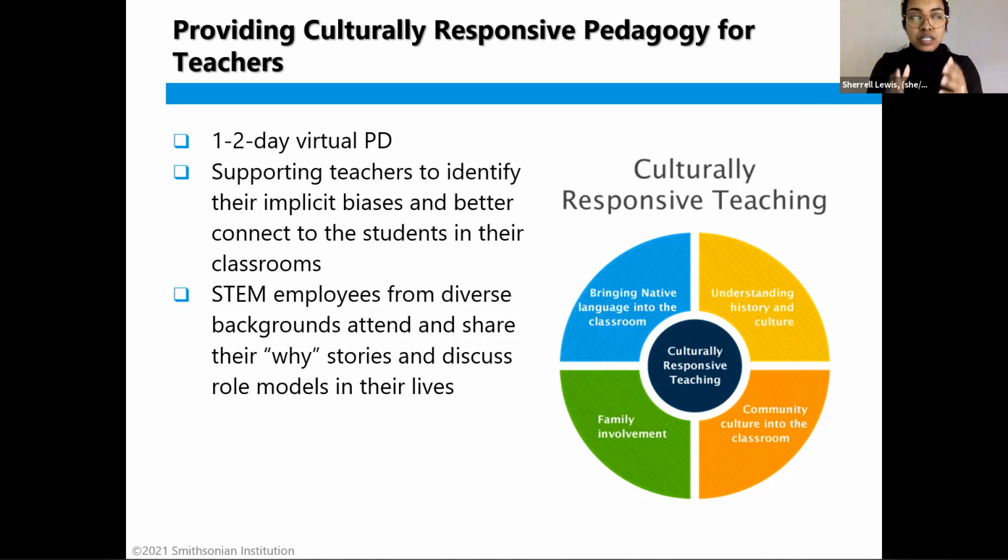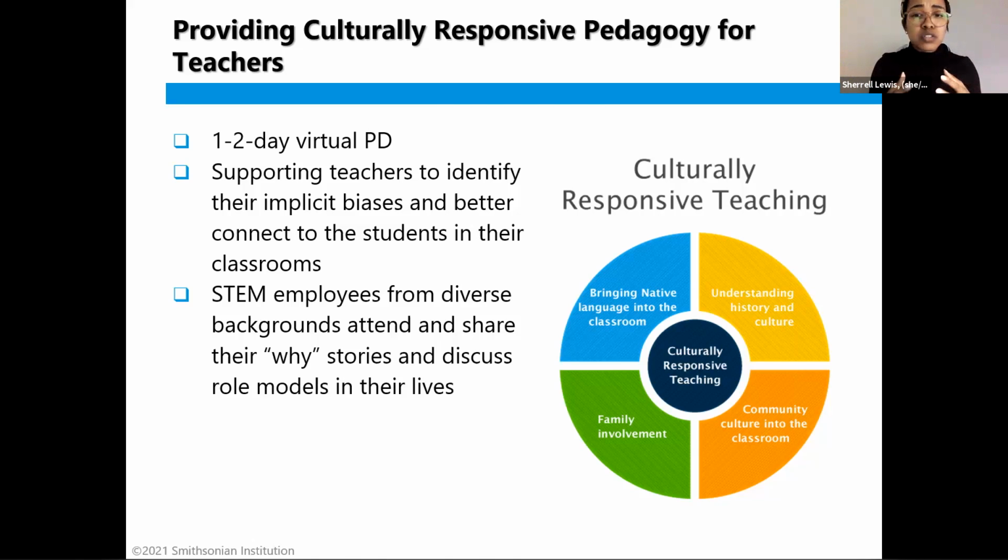Thinking about recent research, the US Census data said in 2020 that the US was more ethnically and racially diverse than it's ever been. And so having these conversations around cultural relevancy, responsiveness, and sustainability is so, so important for our students to become engaged in their communities, to help them become more aware of the socio-scientific issues that are affecting their communities and helping them to build the adequate tools and understanding to be able to find solutions to the challenges that they are seeing in their communities.